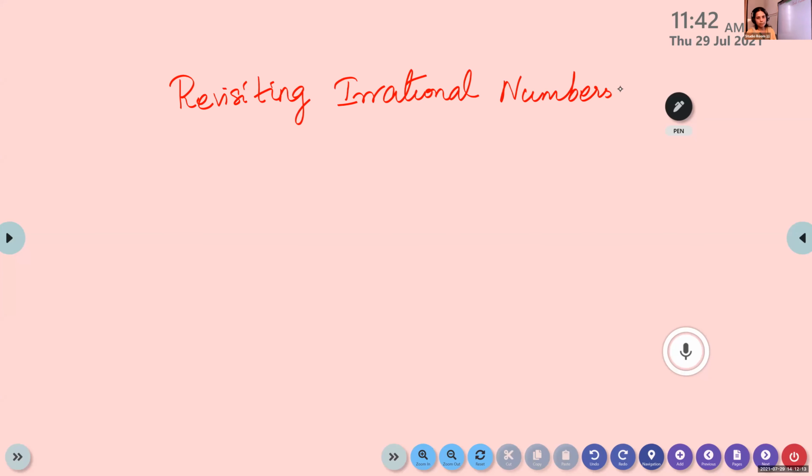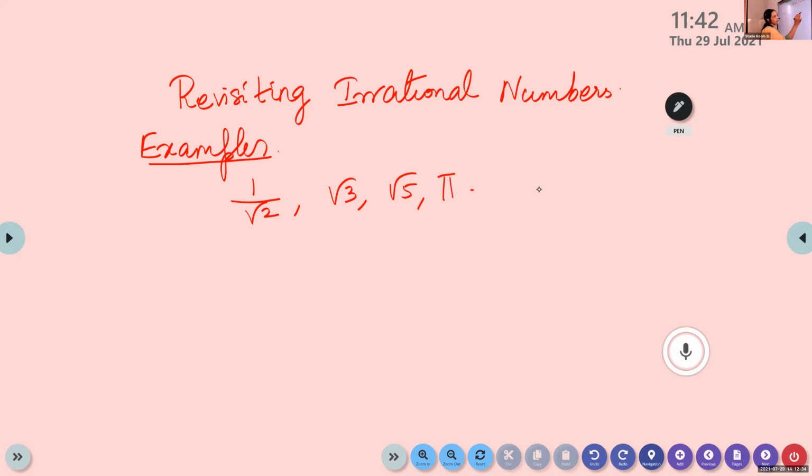Can you list out some irrational numbers? Root 2, root 3? Okay, so examples: 1 by root 2, root 3, root 5, pi are some irrational numbers, isn't it?